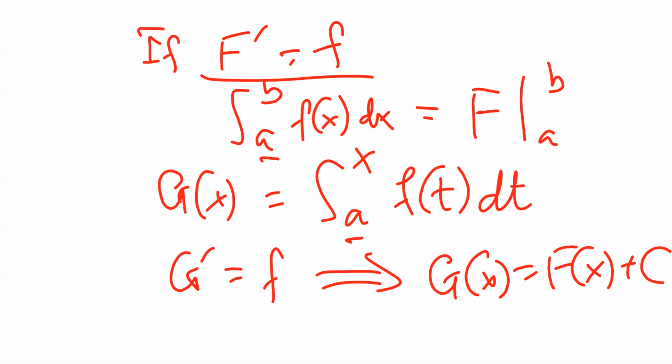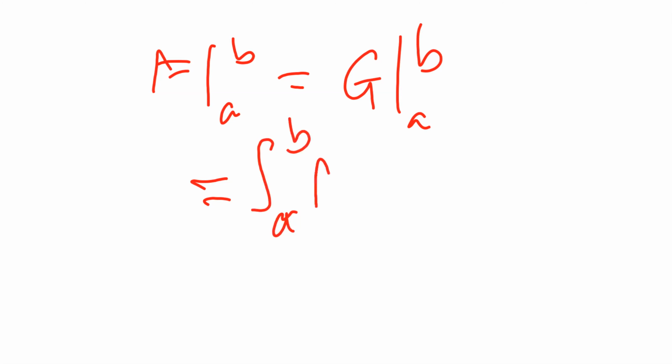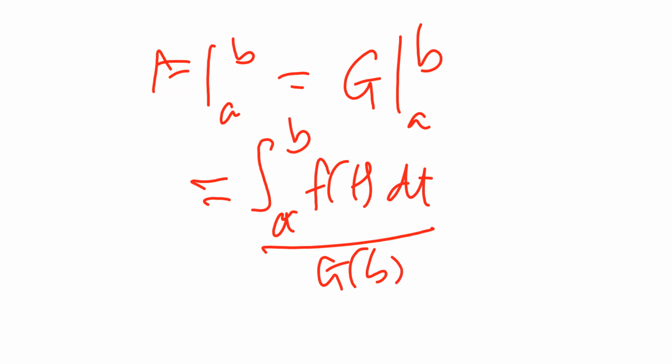All right. So now what is this? Because G differs from F by a constant, clearly F(b) minus F(a) is equal to G(b) minus G(a), right? But this is the same thing as the integral from a to b of f(t) dt, which is G(b) minus G(a). But G(a) is what?